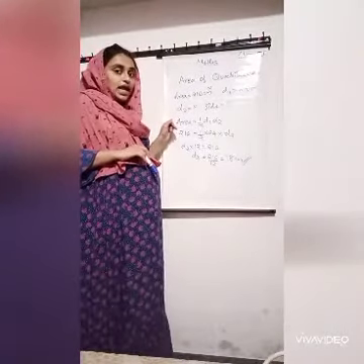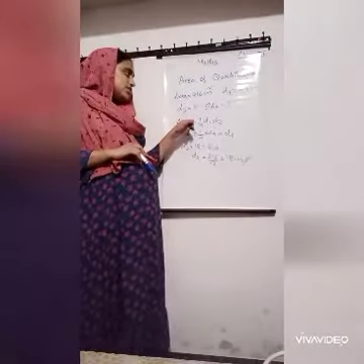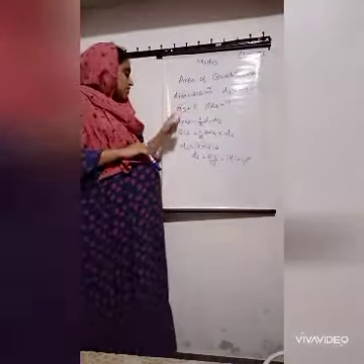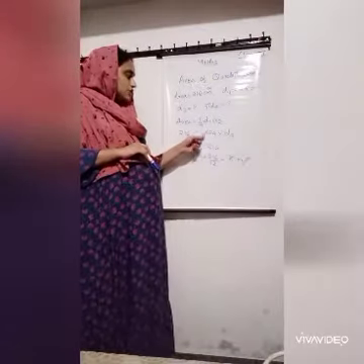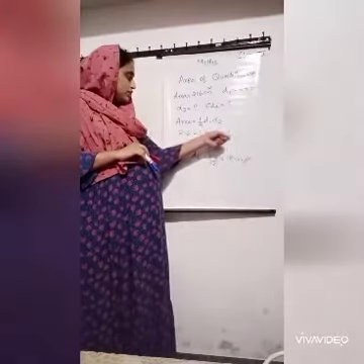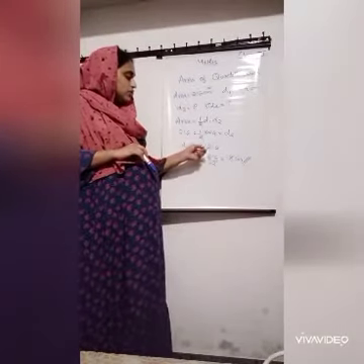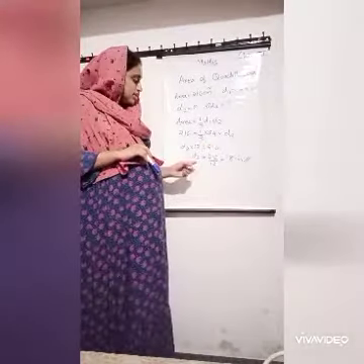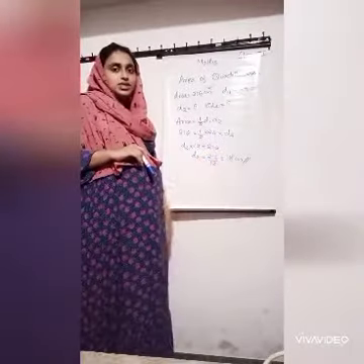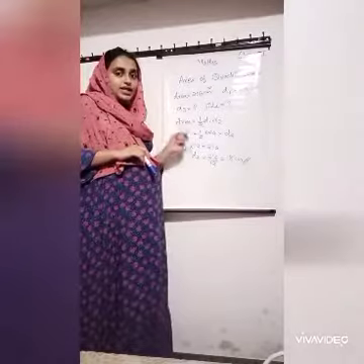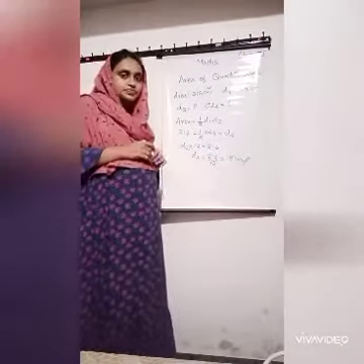Area of the rhombus is equal to half into d1 into d2. Area is 216, that is equal to half into 24 into d2. 24 and 2 we can write as 12. d2 into 12 is equal to 216. d2 is equal to 18 centimeters. It is very easy. If anybody didn't get that answer, just copy it.